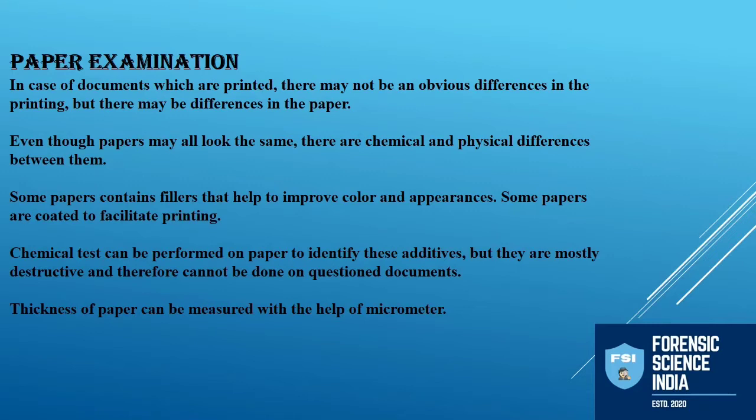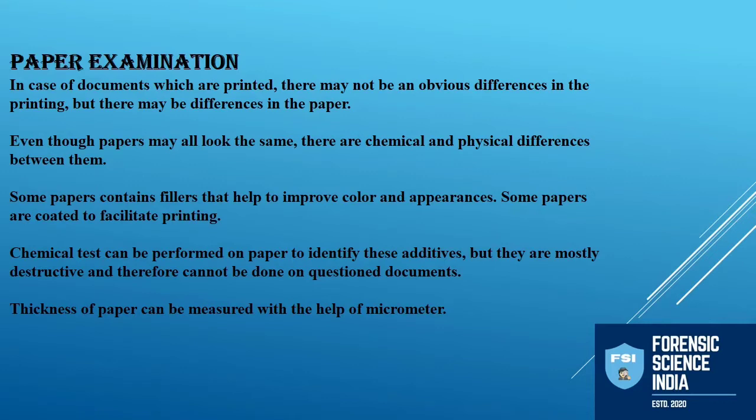So this paper examination is specially done for papers which are printed because they are not easily distinguishable from each other. So we will basically do chemical treatment with those papers, and we get to find out what kind of origin, or we can say the relative age of the paper, we can find out with the help of those chemicals.